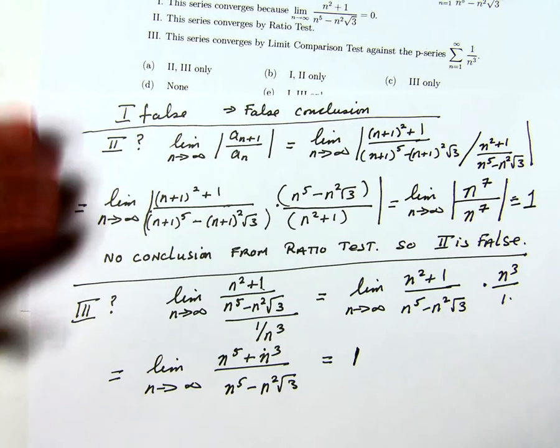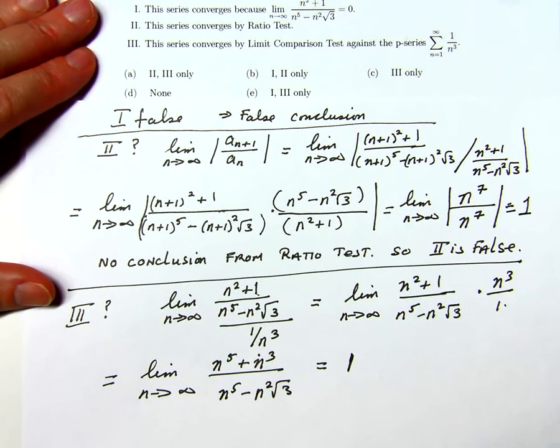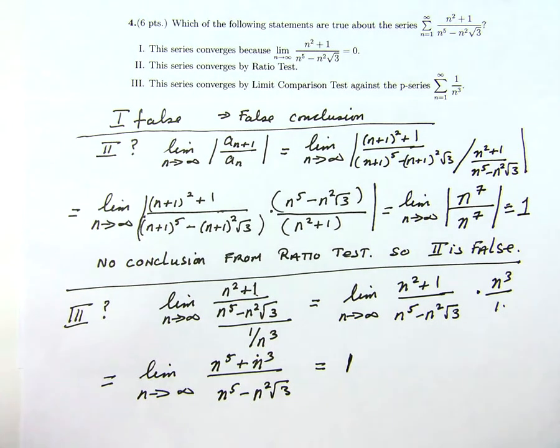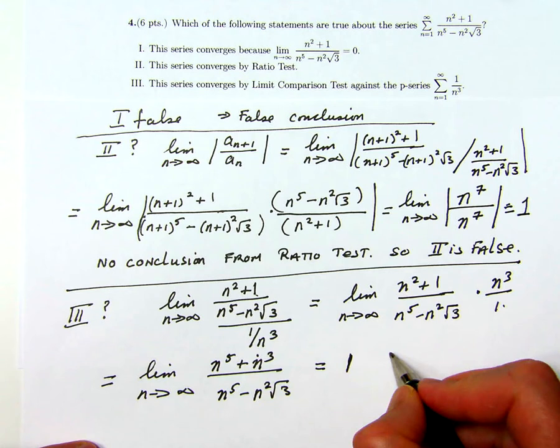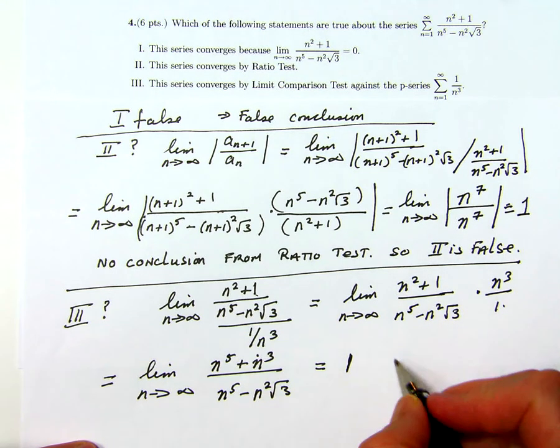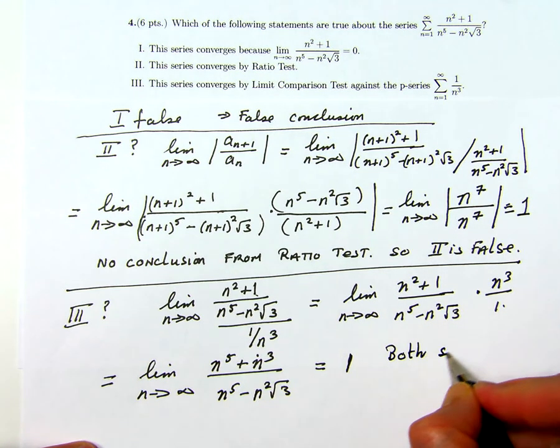Now, unlike the ratio test, when you get a limit of 1 in the limit comparison test, then both series do the same thing. So since we know that this p-series converges, then both series converge.